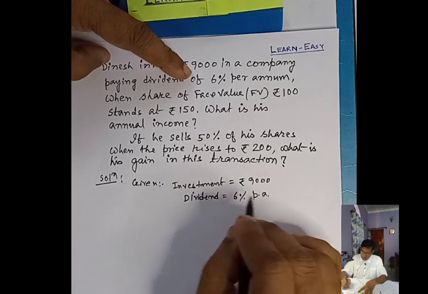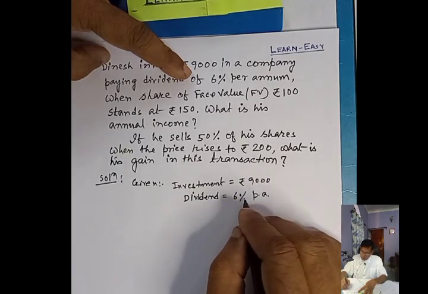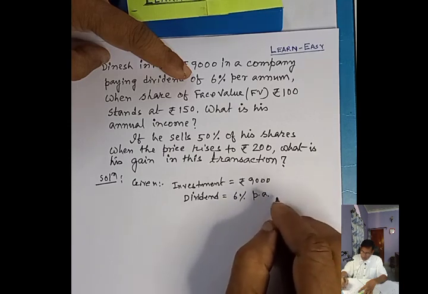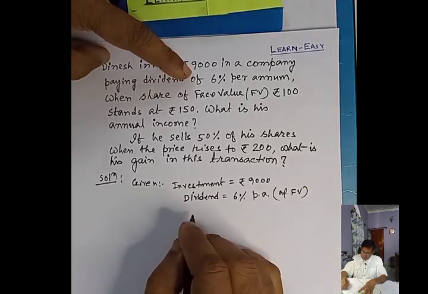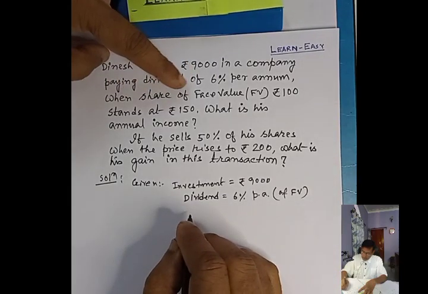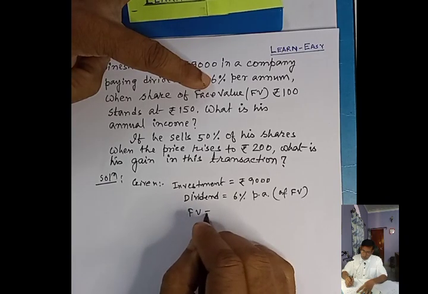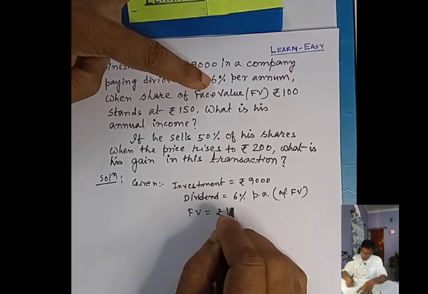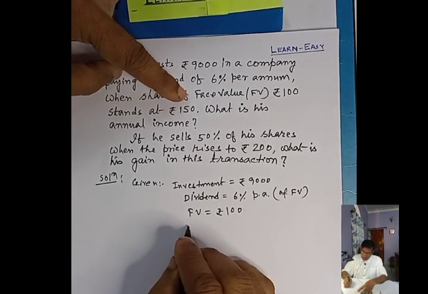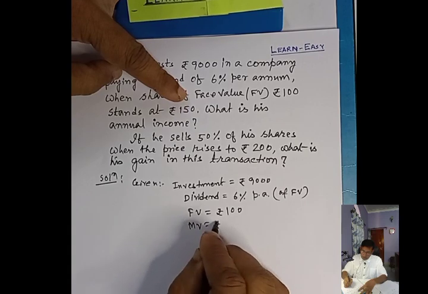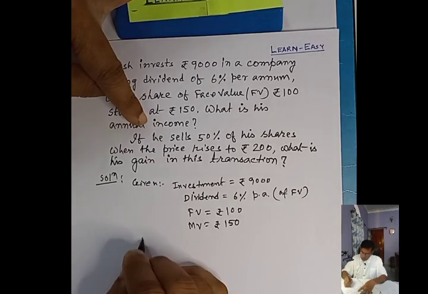Dividend is always calculated on the face value. That means 6% of face value. When share of face value is given rupees 100, stands at rupees 150, that is market value is equal to rupees 150. What is the annual income?